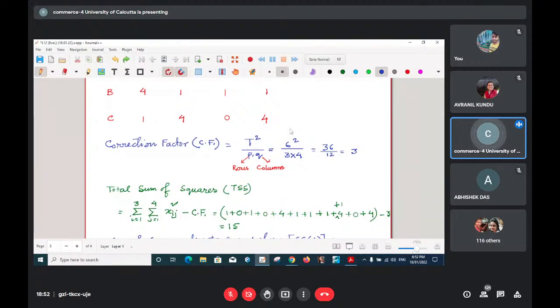If you forget the formula, i goes from 1 to 3, j goes from 1 to 4. Instead of 3, you can write i goes from 1 to P, j goes from 1 to Q, then xij square minus correction factor. It means the summation of all squares of the observations minus correction factor.